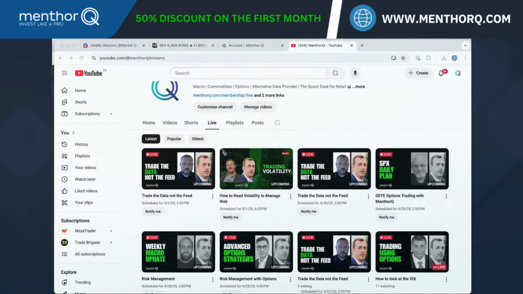So next week, we're going to be focusing on risk management. We're going to start tomorrow with Dan. We're going to talk about risk management with the options. On Monday, we're going to talk about risk management with Tim. And then we're going to have the session with Doc. Then we're going to talk about risk management for futures trading with Patrick on Wednesday.